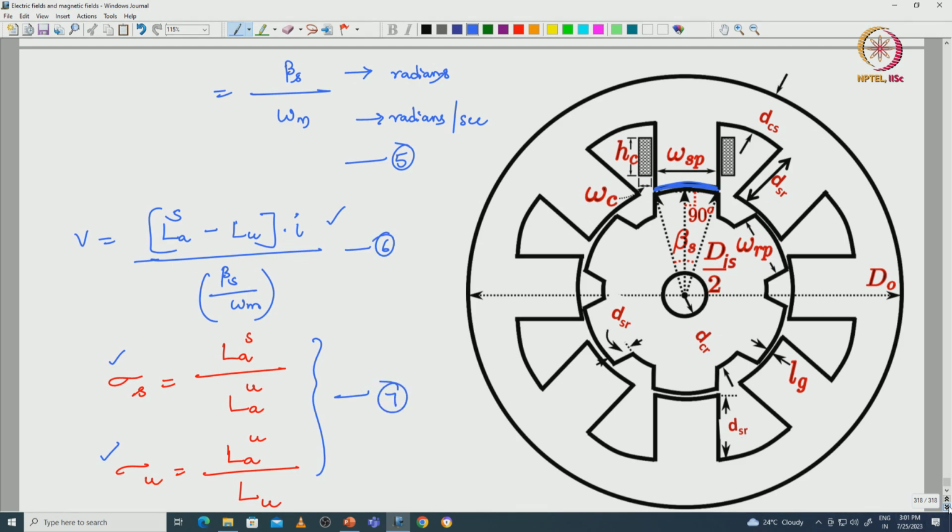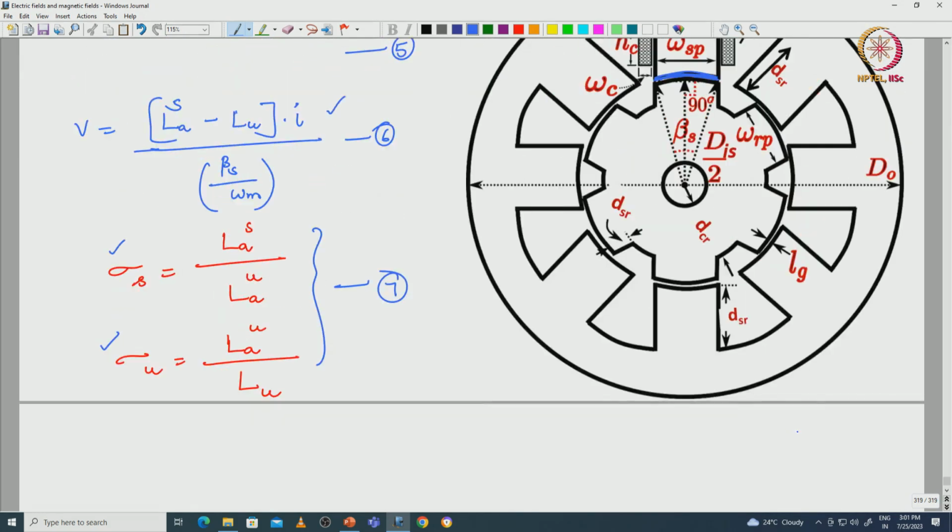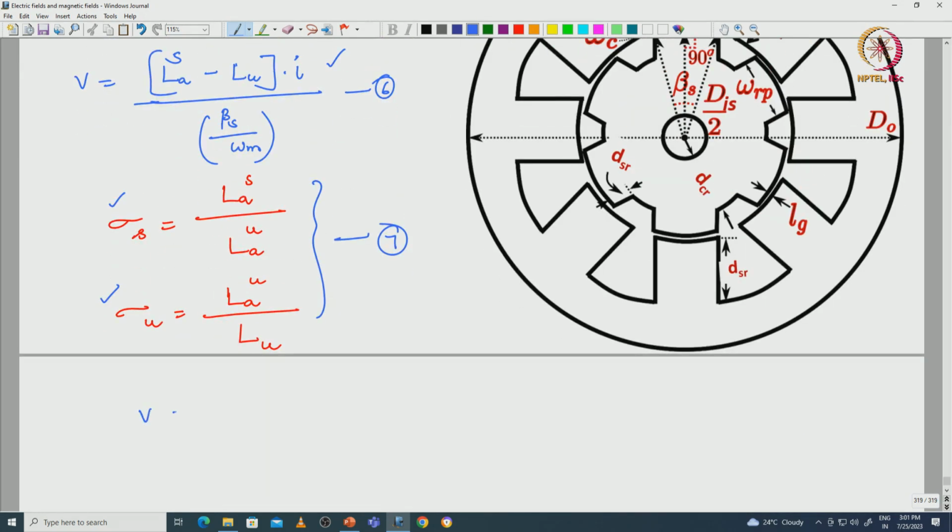If we substitute equation number 7 in equation number 6, then voltage is equal to omega m, the speed of the rotor, divided by beta s, the angle with respect to the stator pole arc, into 1 minus Lu by Las, the unaligned to aligned position inductance, into current into Las.